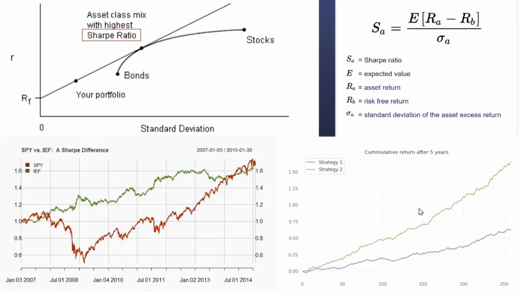And on this one over here, we have two different strategies, strategy 1 and strategy 2. You can see that one returned much higher than the other one, despite them both having approximately the same amount of variation, risk or variability in the price returns. So if you were to pump that through this one, we would have an asset or a strategy that has the maximum amount of return for the same amount of risk or variability.